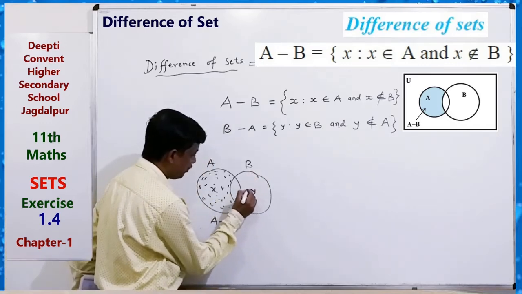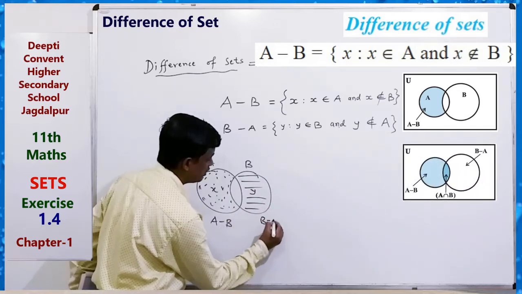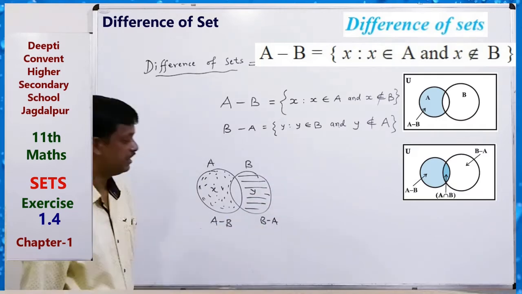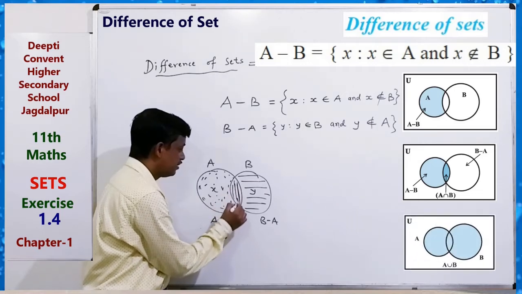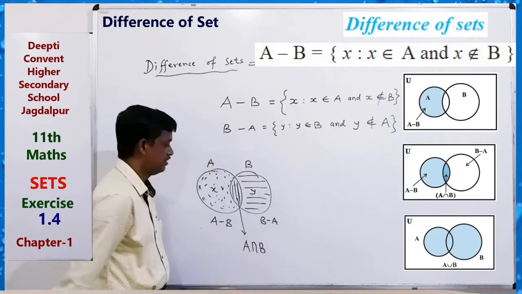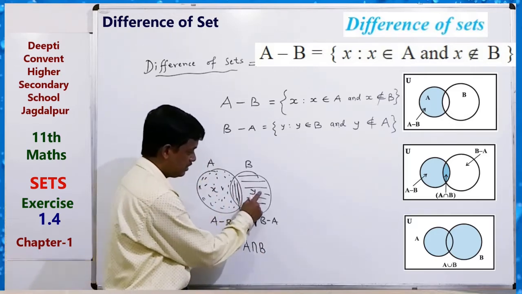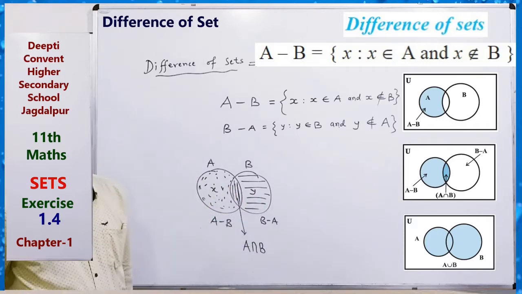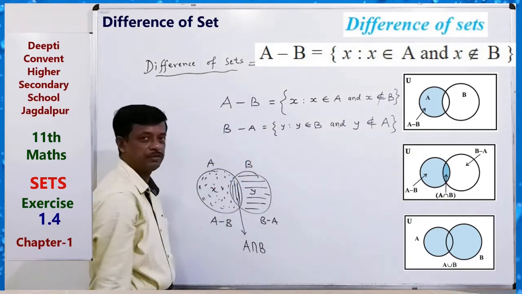So this is Y, and this shaded portion is B minus A. And this portion is what? We know, A intersection B. This is A minus B, this is B minus A, and this is A intersection B. Three parts are separated. So the difference of two sets we can find like this.